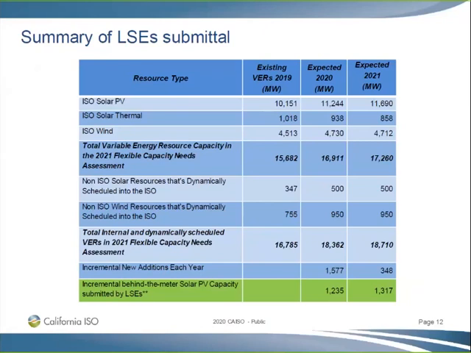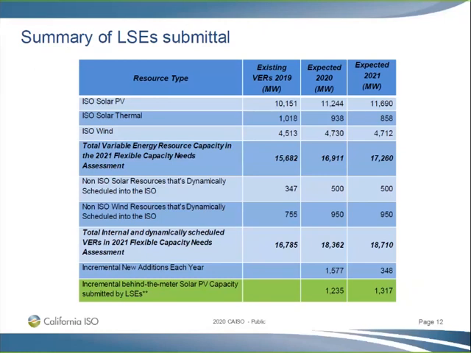And then we have the same thing for 2022 and 2023. But the focus here was to show 2021 and not make the slide too overwhelming, right? So you can see, as I had mentioned, the solar thermal is expected to reduce going into the 2021 timeframe. And this, again, is what we collected from the load serving entities.